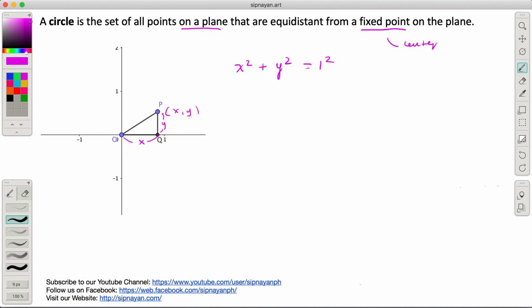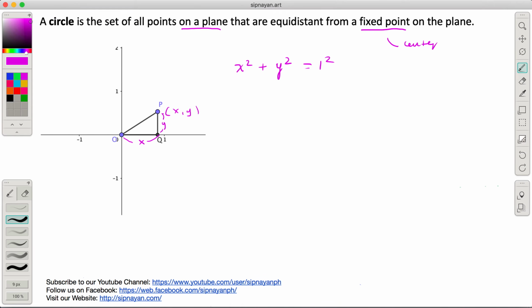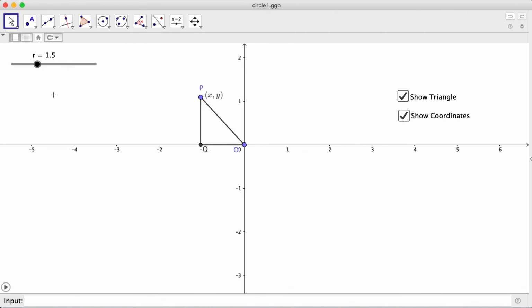If we lengthen the radius of the circle, this is the radius of the circle, right? Because it is the distance from the center to the circle. So we can write x squared plus y squared equals, for example, 1.5 squared.